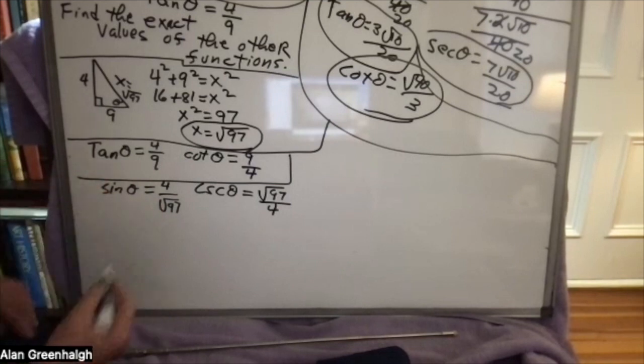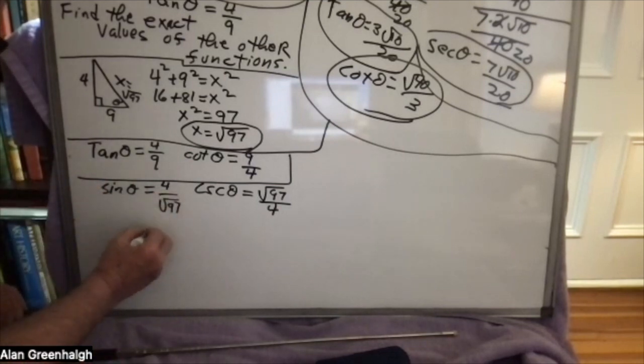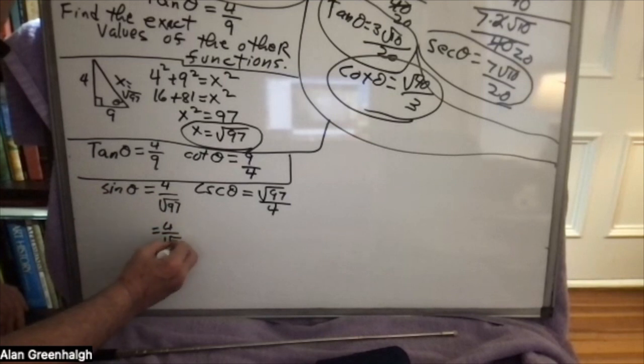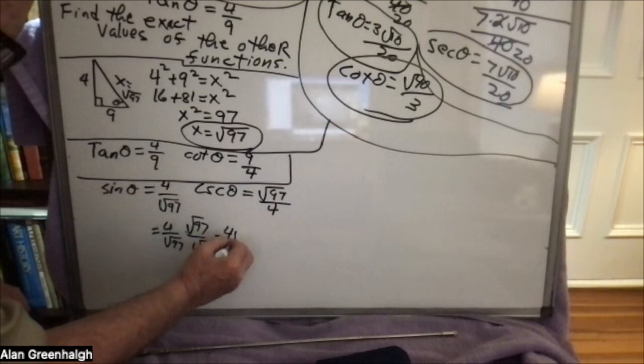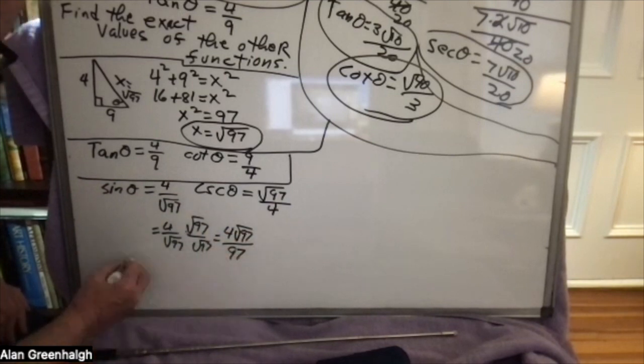I need to rationalize the denominator. So we need to multiply by the square root of 97 divided by the square root of 97. That's 4 times the square root of 97 over 97. That's not a very pleasing number, is it?